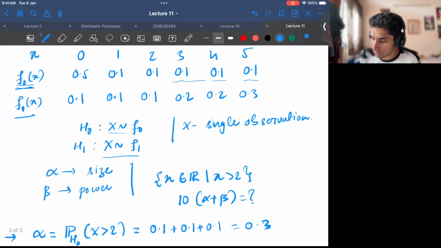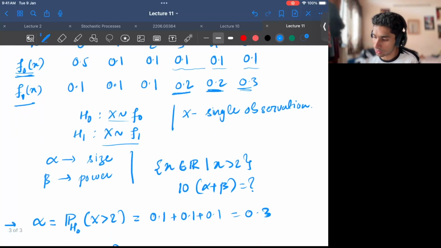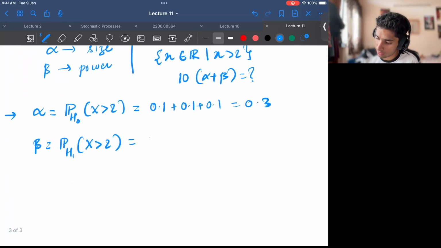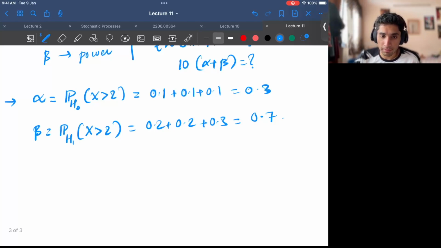What is the probability that x is greater than 2? Probability of x equal to 3 is 0.2, probability of x equal to 4 is 0.2, and probability of x equal to 5 is 0.3. Summing these, 0.2 plus 0.2 plus 0.3 is 0.7. So this is the value of beta.